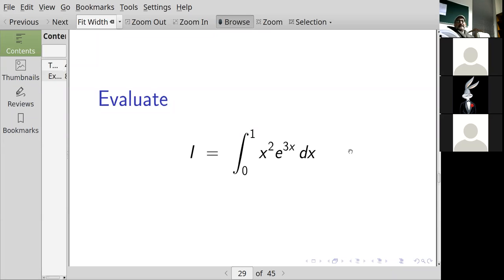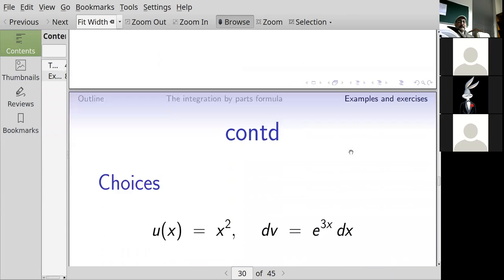What's dv? e to the 3x dx. dv is a differential, so it'll have a dx at the end. And then what's v? e to the power 3x divided by 3, since that's the integral of e to the 3x.